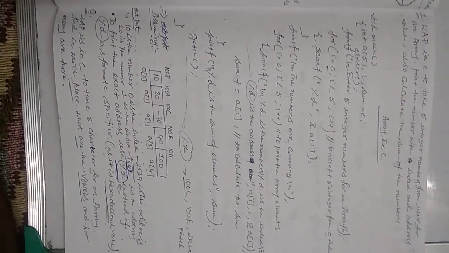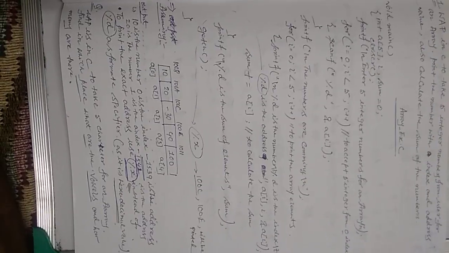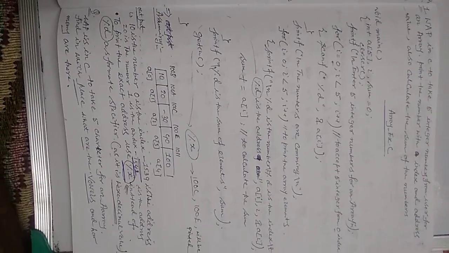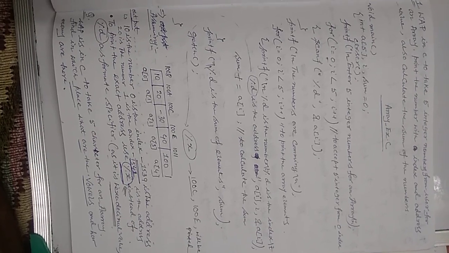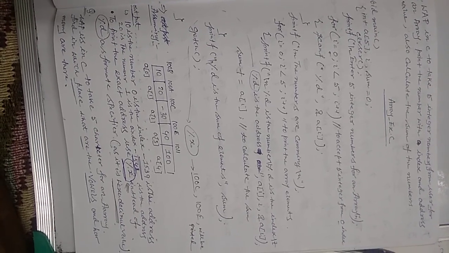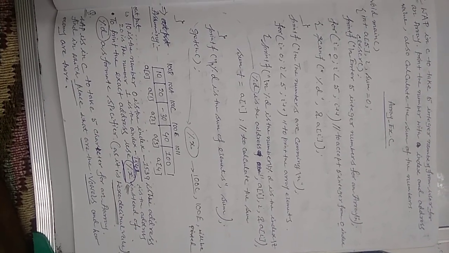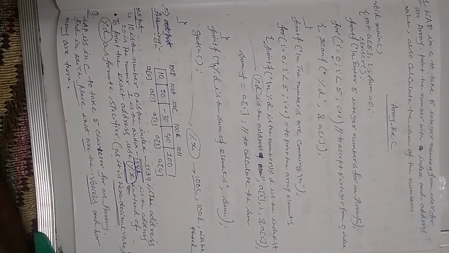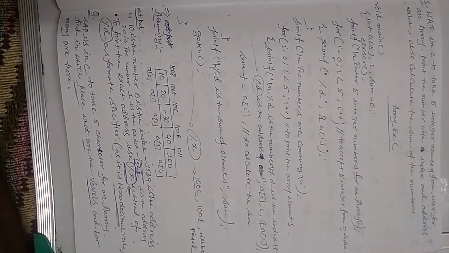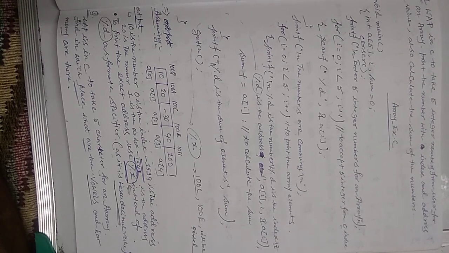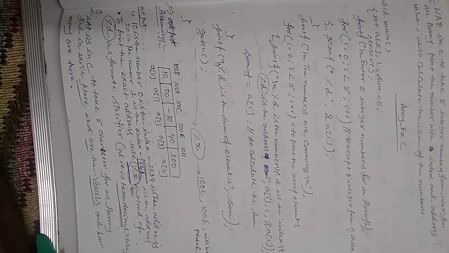We have already understood the concept. Now write a program in C to take 5 integer numbers for an array, print the numbers with index, address, value, and also calculate the sum of the numbers.